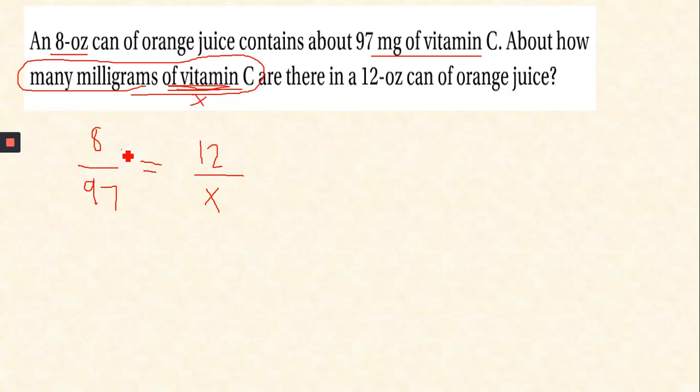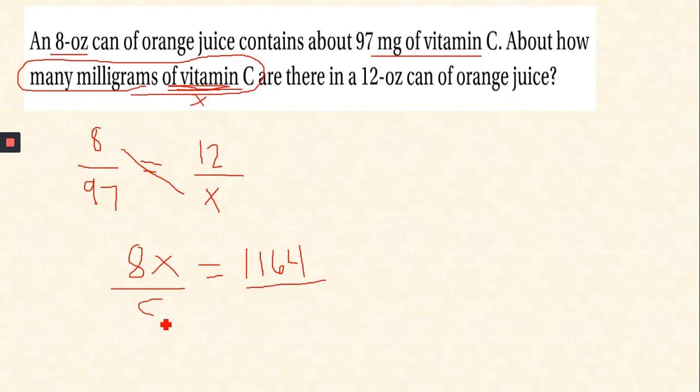Then after that, we are now ready to apply cross multiplication. 8 times x, that is 8x, is equal to 97 times 12, which is 1,164. And then after that, divide both sides of the equation by 8.